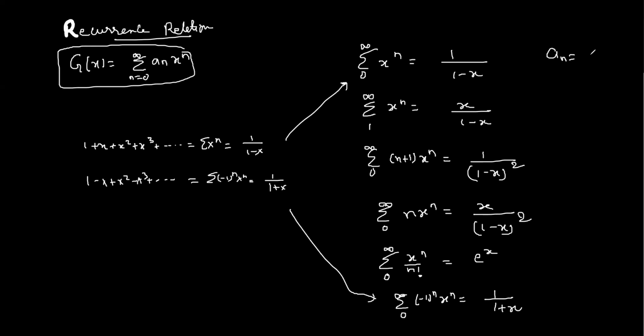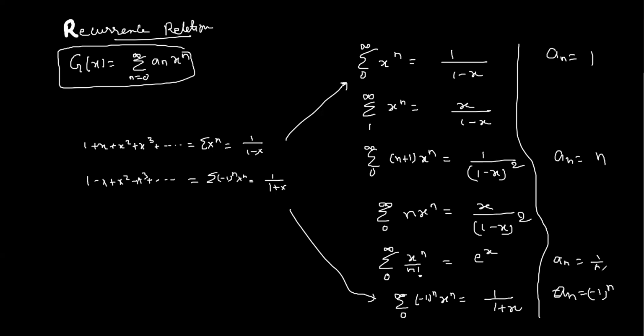Its sequence will be 1. Its sequence will be n. And its sequence will be (minus 1) raised to n. General formula, yes. And this is 1 upon n factorial.